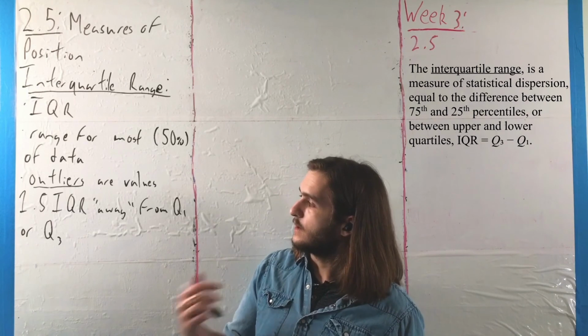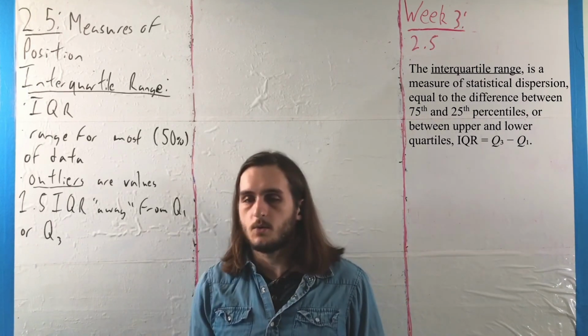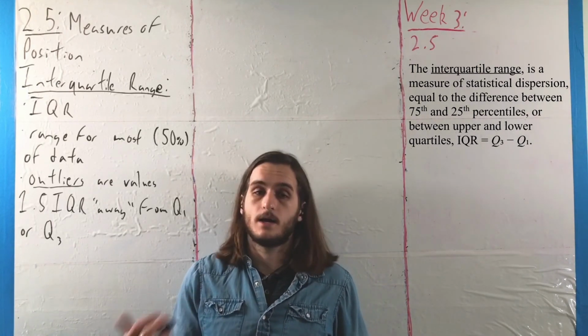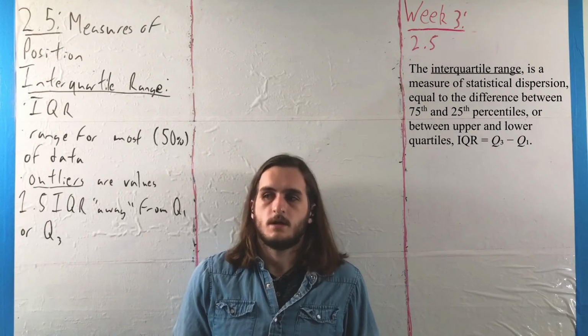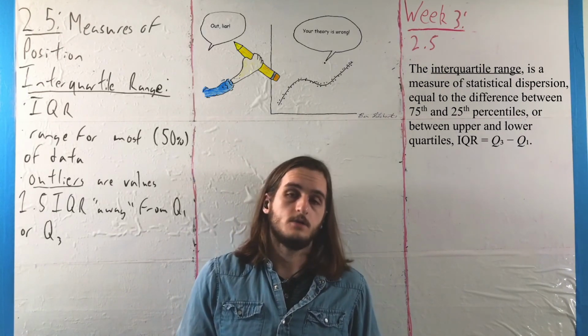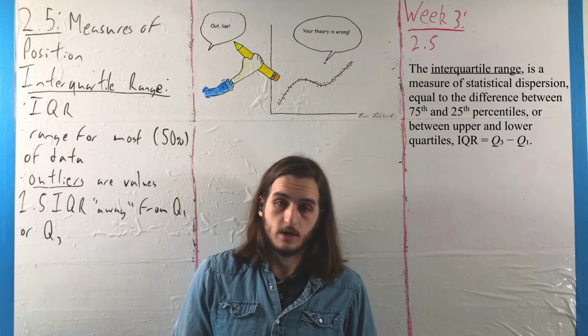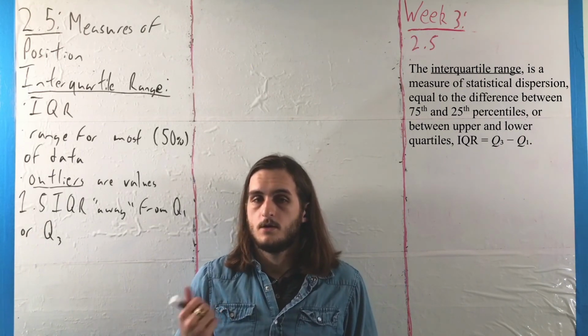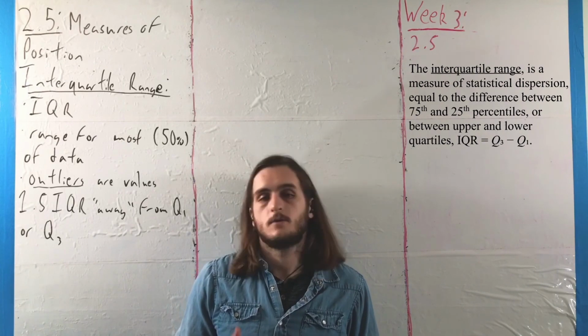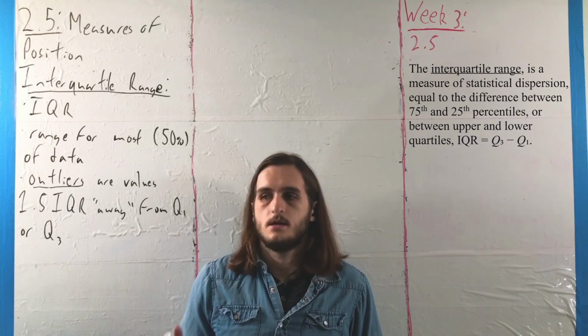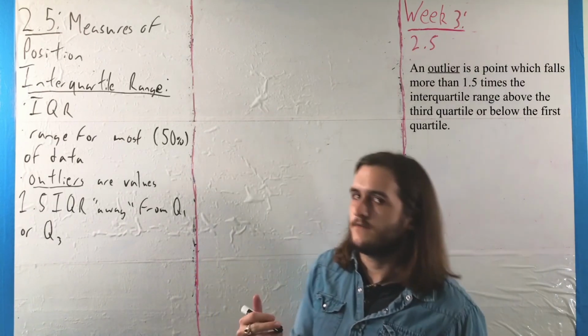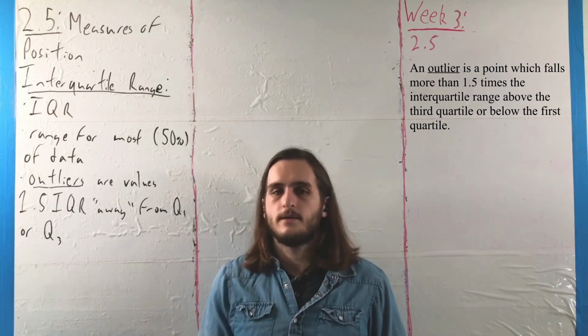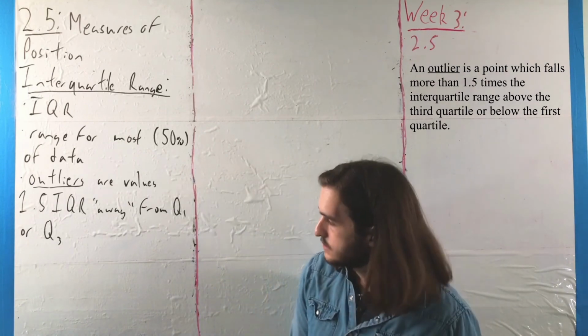And for us, the most useful thing we have about the IQR is how we can talk about outliers in terms of it, where you think of an outlier in general as an unusually large or small value, a value that doesn't fit the rest of the data set. And here, we define that in terms of the IQR by saying it is a value that is 1.5 times the IQR away from the ends of it.